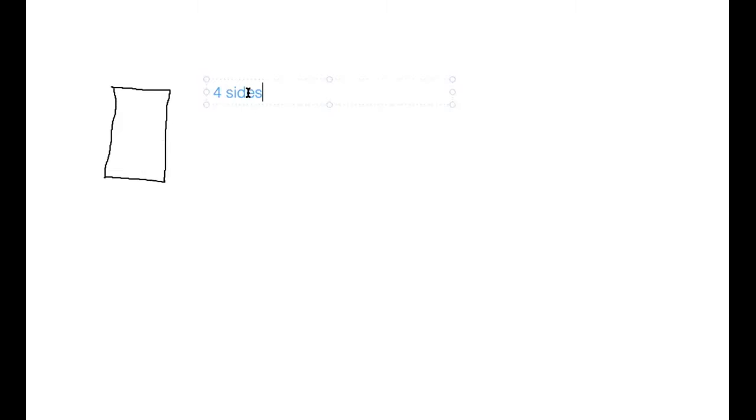Now there's another part of these that you might not be aware of. And that is this part right here, where 2 sides meet. Where 2 sides meet, we call that the vertex.